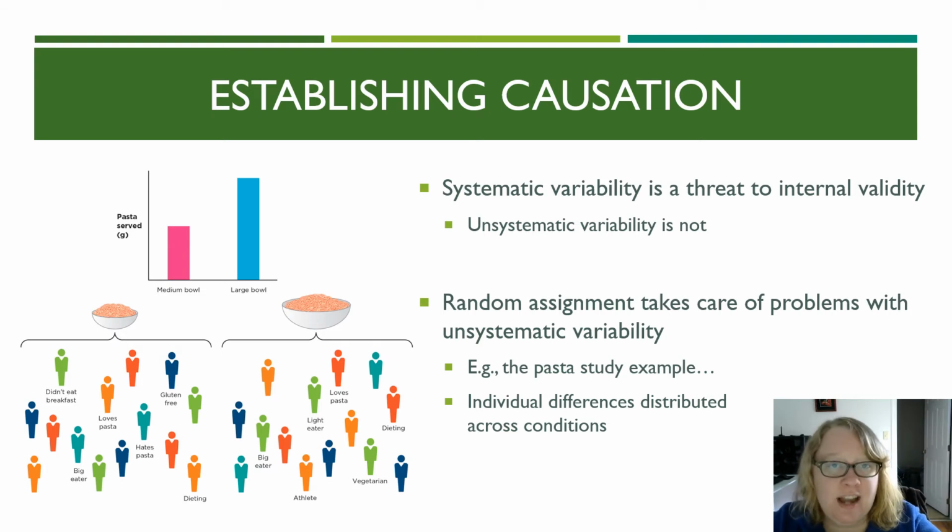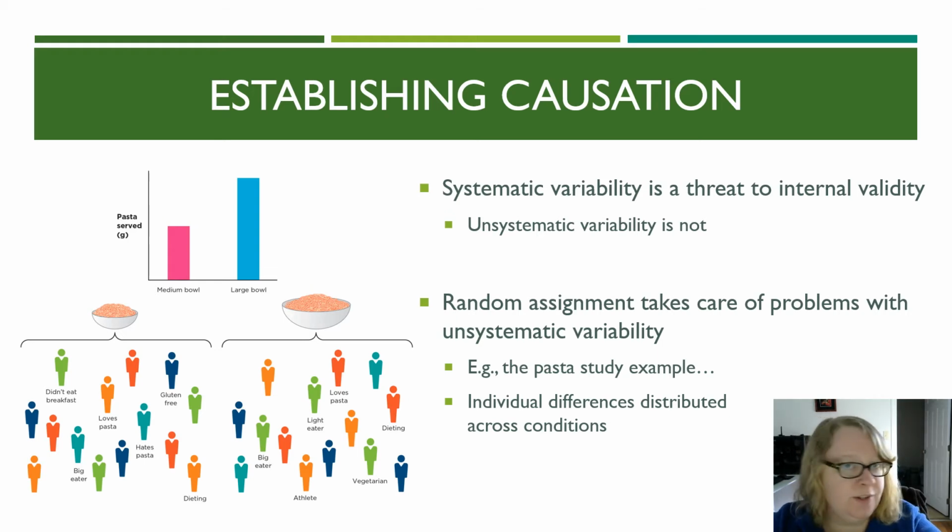So there are different types of people in my two conditions. That might be the easiest way to think about this. Systematic variability is when you have different types of people in your two conditions, or they're having different types of experiences. So it's not the bowl size that matters anymore in this hypothetical example. It's these other characteristics that caused them to choose the larger or smaller bowl.